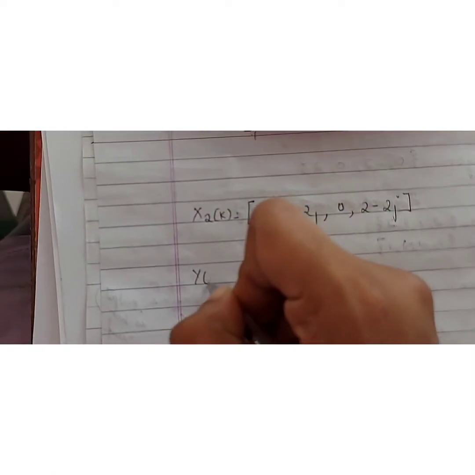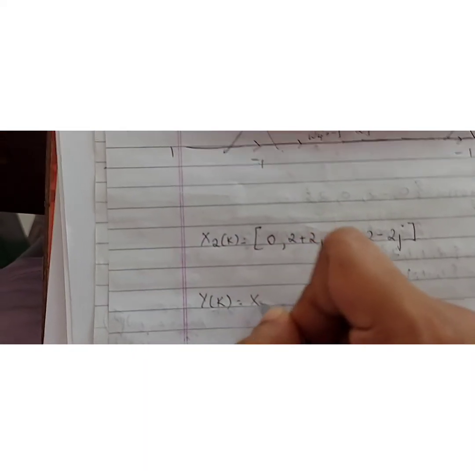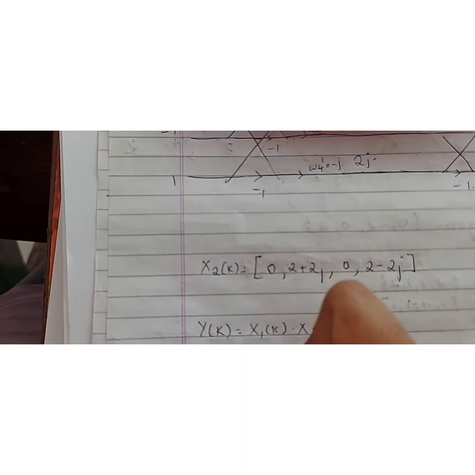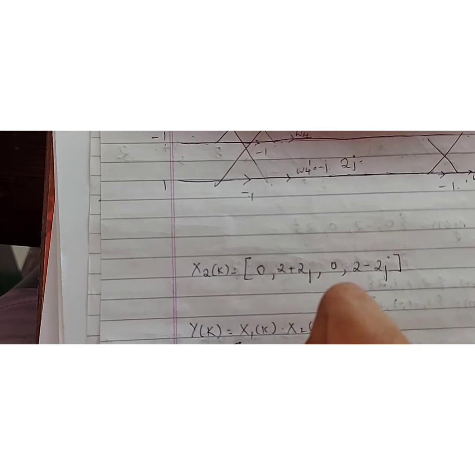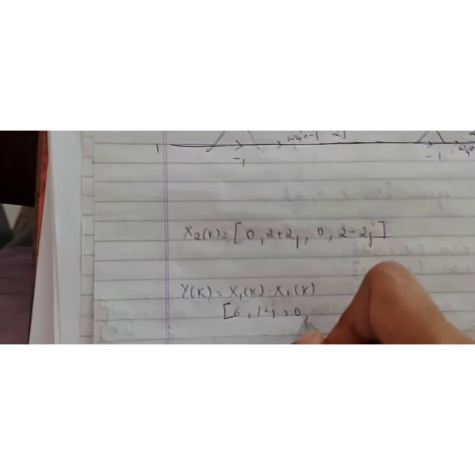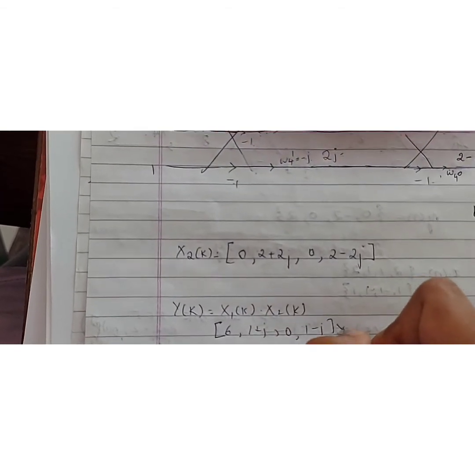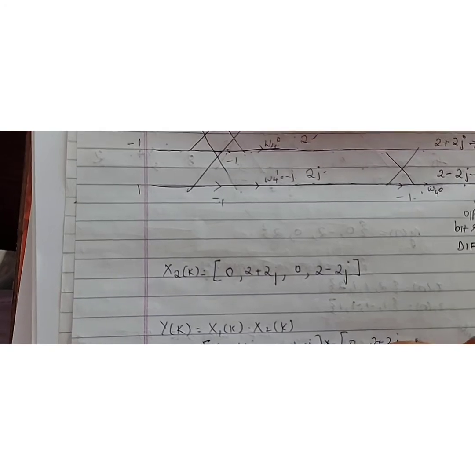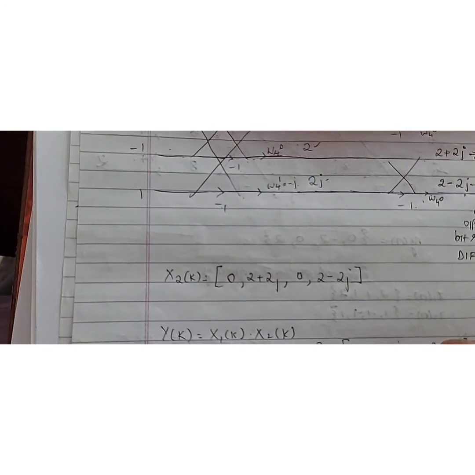Again, your y of k remains the same as x1 of k into x2 of k. You multiply your 6, 1 plus j, 0, 1 minus j into 0, 2 plus 2j, 0, 2 minus 2j. The calculations remain the same.